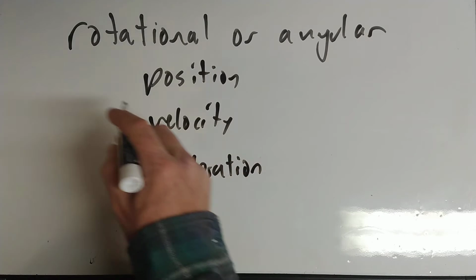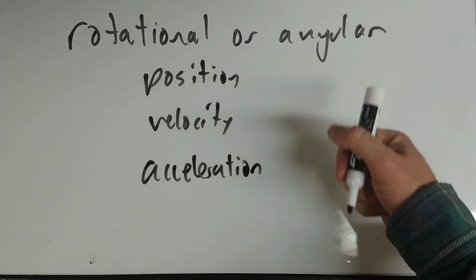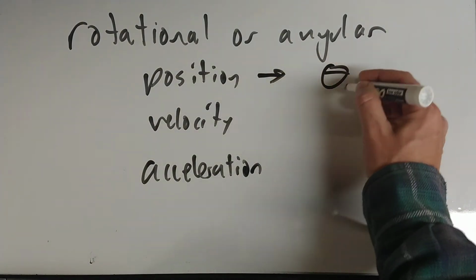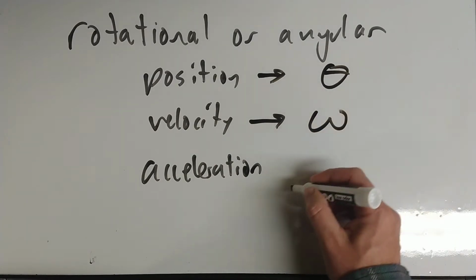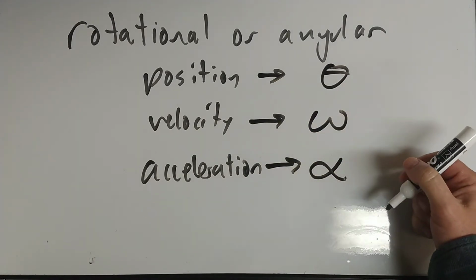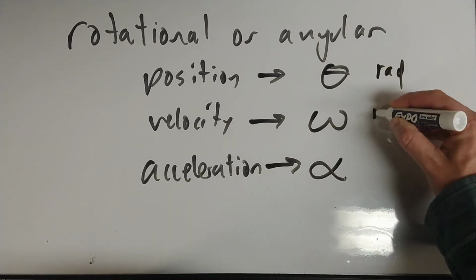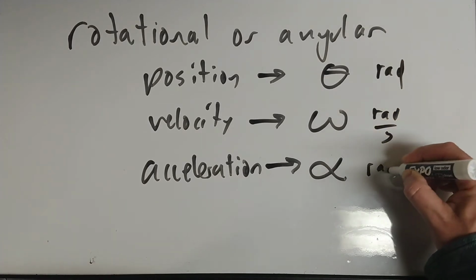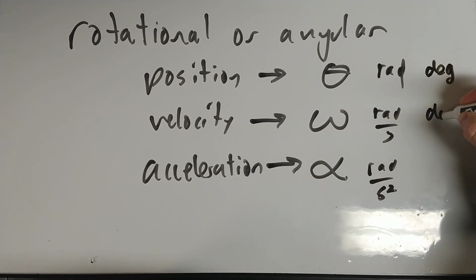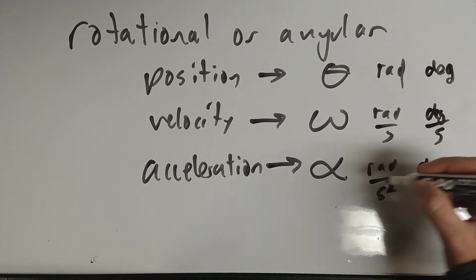And I'm just going to give you these symbols right away. Angular position is theta, angular velocity is omega, and angular acceleration is alpha. The units of these can be radians per second and radians per second squared, or it could be degrees per second and degrees per second squared.